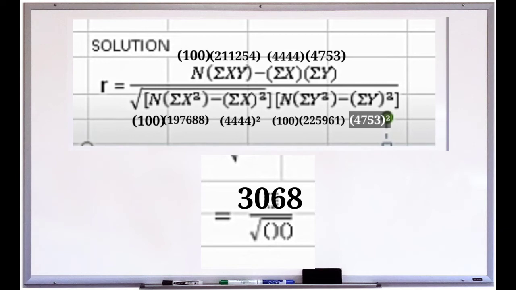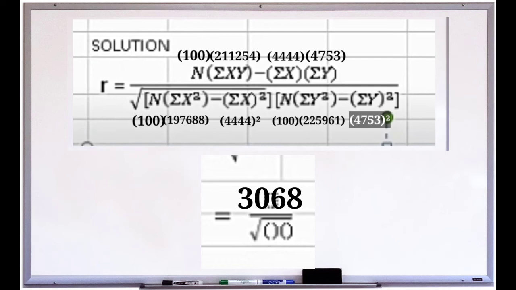Now let's solve the denominator. 100 times 197,688 is equivalent to 19,768,800. Now let's get the result of 4,444 to the second power, which is 19,749,136. Next, let's multiply 100 to 225,961.